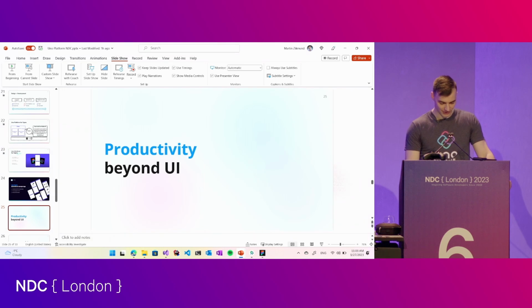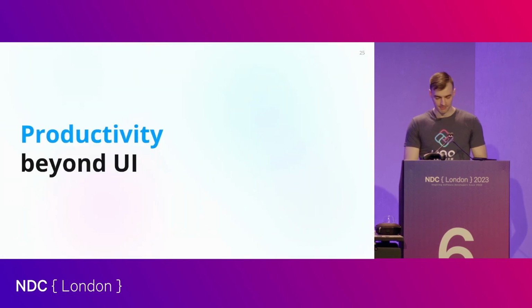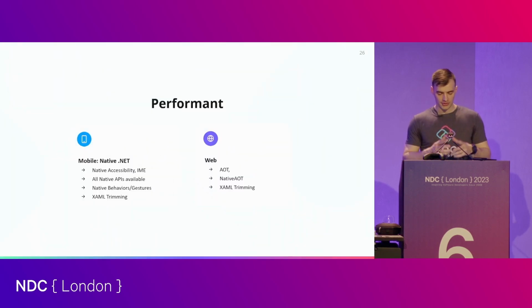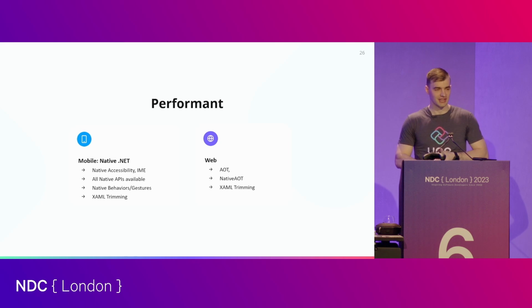Right. So let's finish up with just explaining some productivity of UNO Platform beyond the UI and non-UI APIs. So in case of performance itself, we are using the latest and greatest advancements in .NET. So on both mobile side and web side, we are able to do AOT, we are able to do XAML trimming, and all the performance enhancements that allow you to make your application run faster.